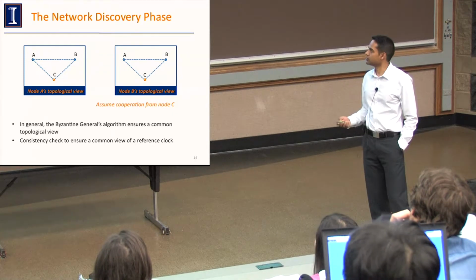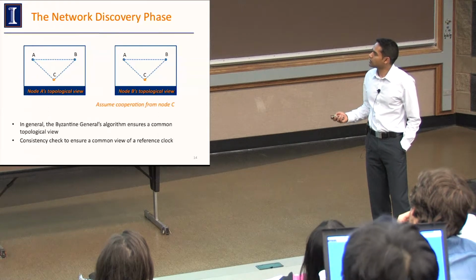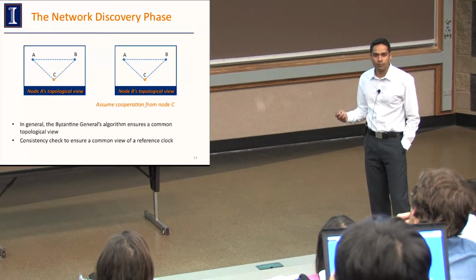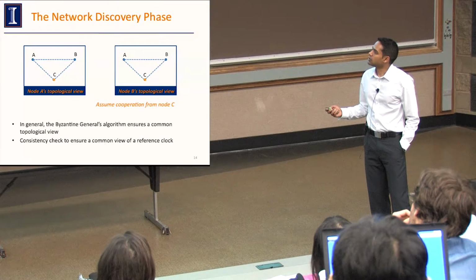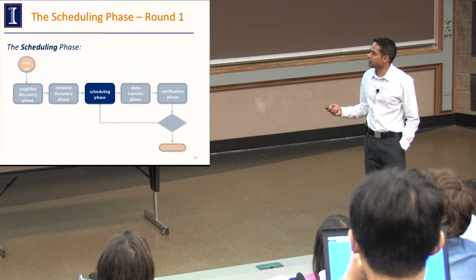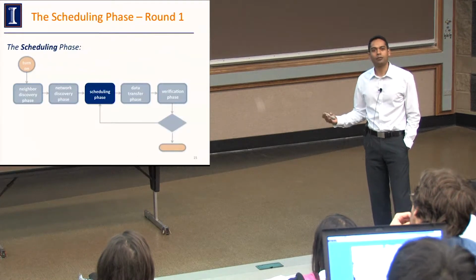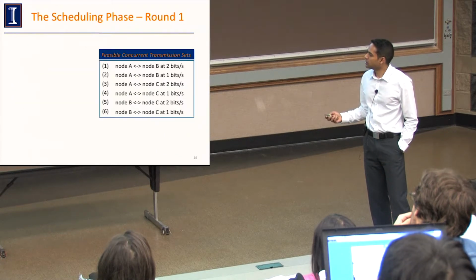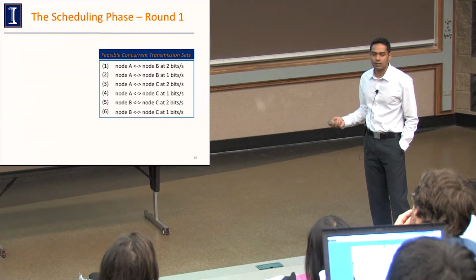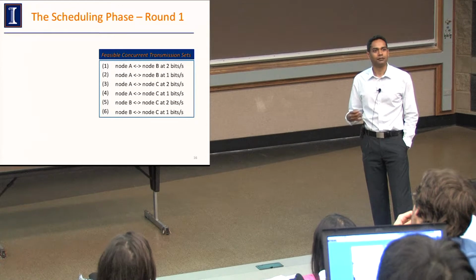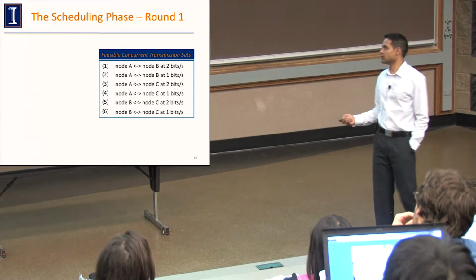They can't have different views. In a three-node network, this problem is kind of simple because nodes A and B are able to directly communicate. But in more complicated networks, you need to use a Byzantine generals algorithm to ensure that the good nodes have a common view of the topology.